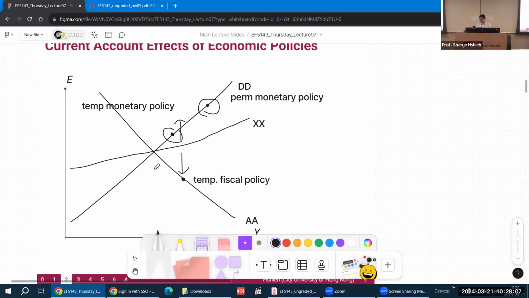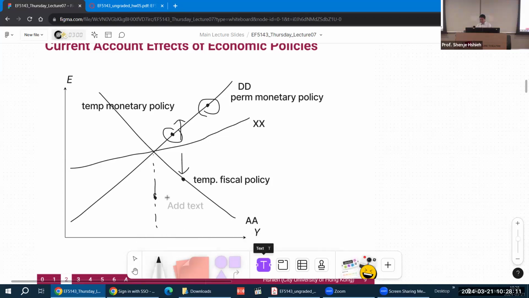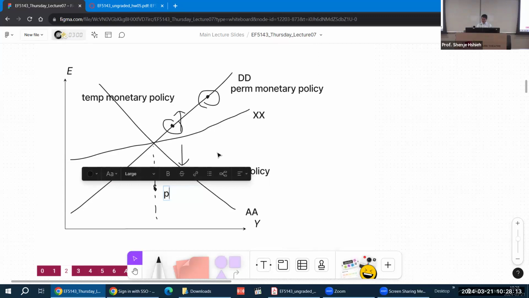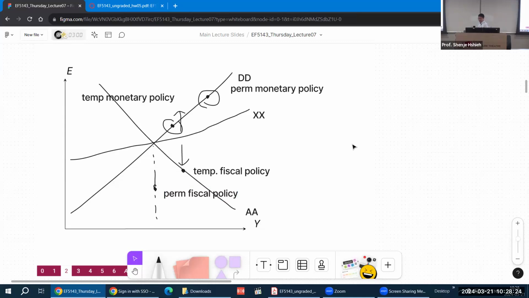This is permanent. So now, if you don't want any output effect, you just want to hit that target, fine. You can consider a permanent fiscal policy here, right? You know how to achieve this, right? This is a shift in AA. This is a shift in DD, a permanent shift in DD and AA as well.